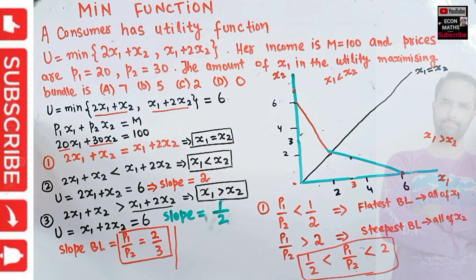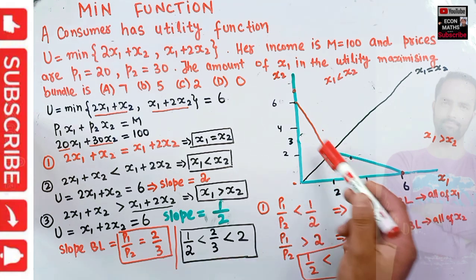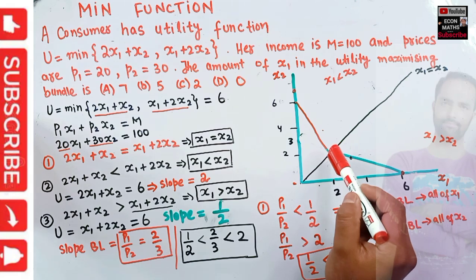We can see here we have 1 upon 2 is less than p1 upon p2, which is 2 upon 3, but it is less than 2. When this is the case, our budget line will touch this indifference curve at the point of kink.